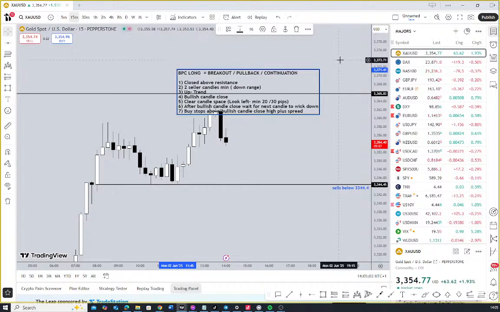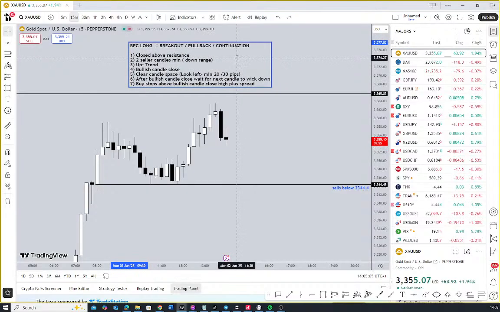There you go, there's the BPC rules. Do we close above resistance? Well, this was the old resistance. Yes, we closed above it. Do we have two seller candles or downrange candles? We don't at the minute. We just have one downrange. This candle is currently a downrange candle, but it's still live, so it could finish as an engulfing candle, outside candle. But predominantly, I would say it's going to finish as a downrange candle.